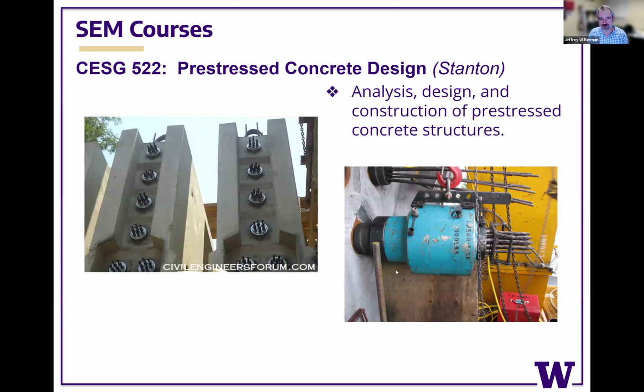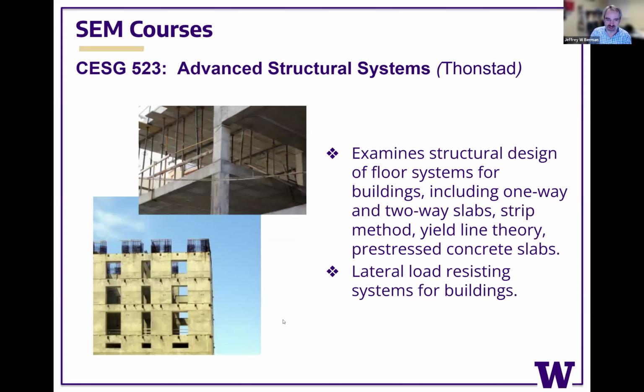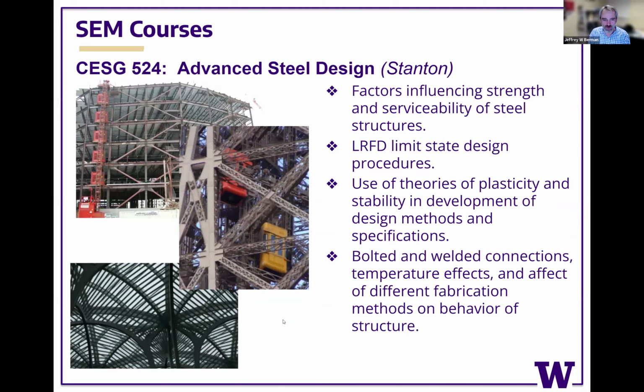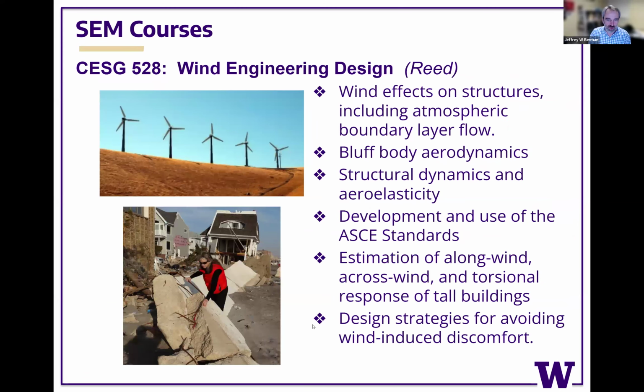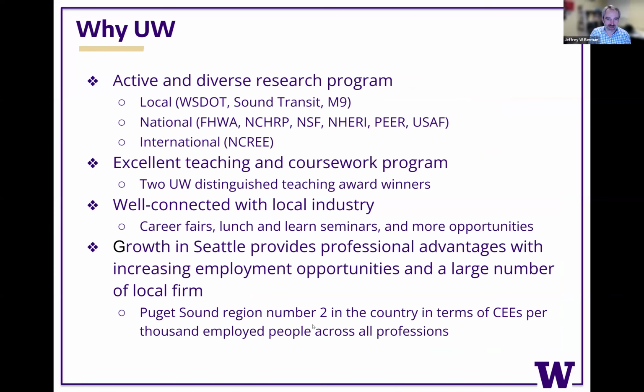There's not that much difference between a pre-stressed concrete class at the University of Washington and a pre-stressed concrete design class at Purdue University, other than the fact that you get to take it with John Stanton. So I'll skip through those pretty quickly, and instead finish up with why you might want to choose the University of Washington for your master's degree in structural engineering.